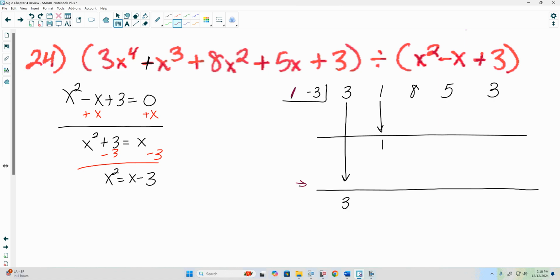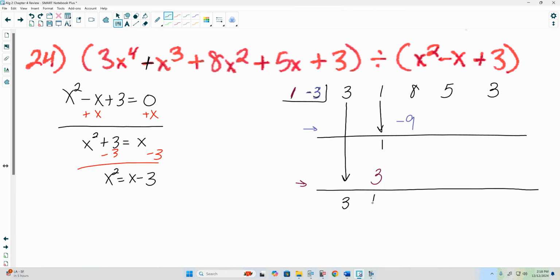So we're going to have 1 times 3, which is 3. All the multiplications of our second number, the negative 3, are going to go above the first line. So we'll have negative 3 times 3, which is negative 9. Now at this point here, we add straight down.